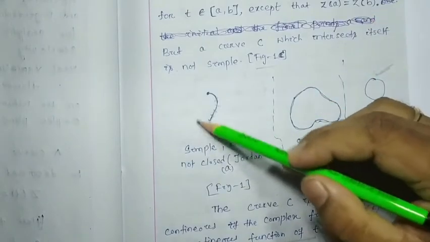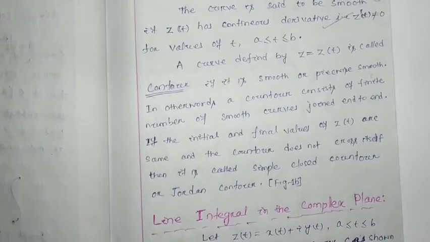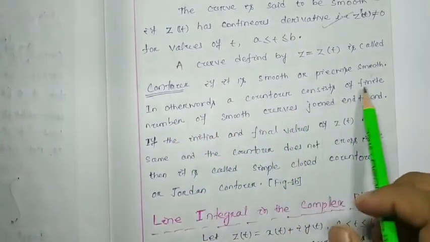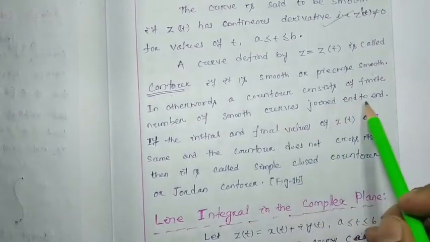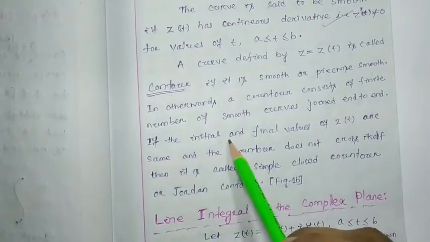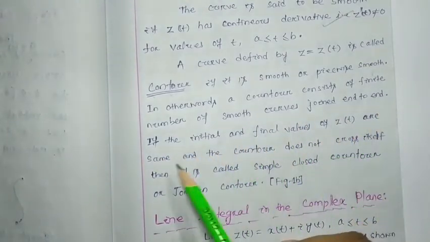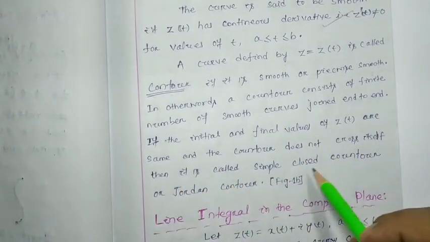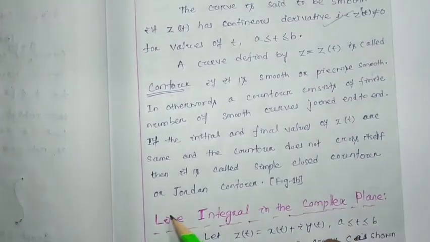Hence this curve is called a contour. In other words, a contour consists of a finite number of smooth curves joined end to end. If the initial and final values of z(t) are the same and the contour does not cross itself, then it is called a simple closed contour or Jordan contour.